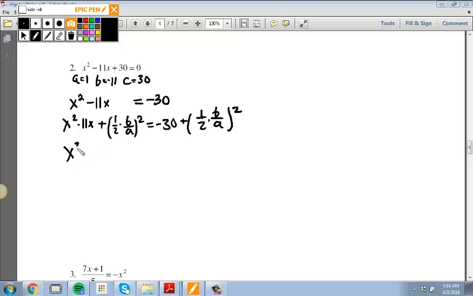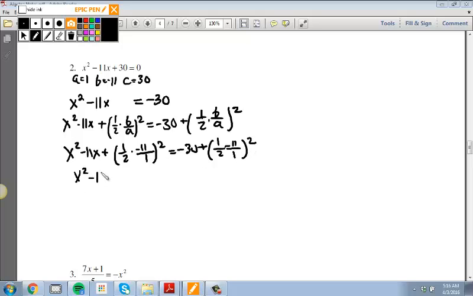So now I have x squared minus 11x plus a half times negative 11 over 1, squared. This one is going to be a fraction, and I know this makes it even more exciting. At least it is for me.